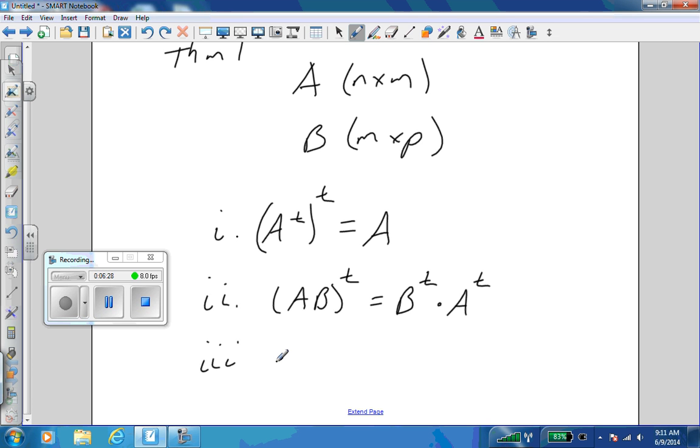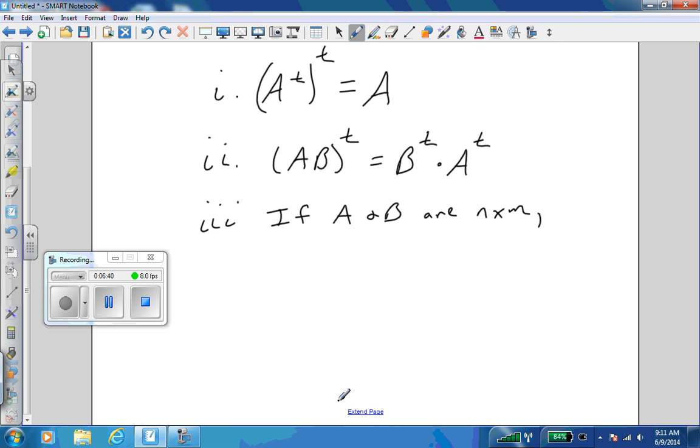They say if A and B are n by m, so they're the same size, then if we were to add A plus B and then transpose it, that would be the same thing we would get if we transpose A, transpose B, and then add them.